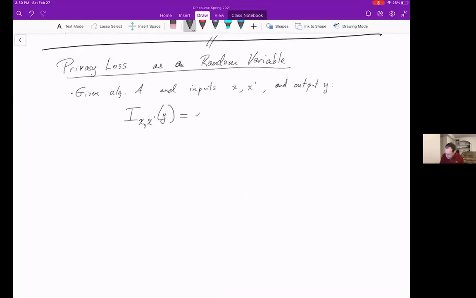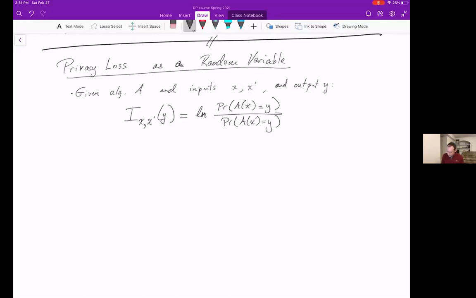This is the log of the odds ratio: the likelihood we would see output y given input x versus the likelihood of seeing output y given input x prime. And for continuous distributions, it's okay to replace these probabilities with probability densities, if the distributions have a density.